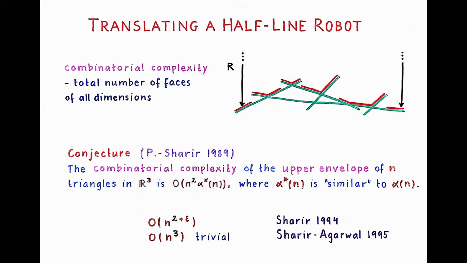The cubic upper bound is trivial in 3 dimensions. And in fact, in 3 dimensions, Sharir more than 30 years ago proved a bound which is nearly quadratic, but not what was conjectured, that it is n squared times something which is really almost constant, related to the inverse Ackermann function.